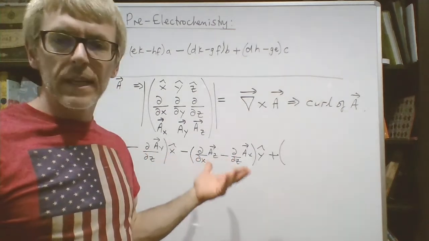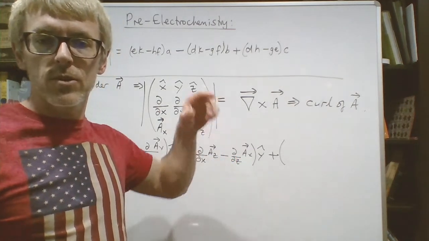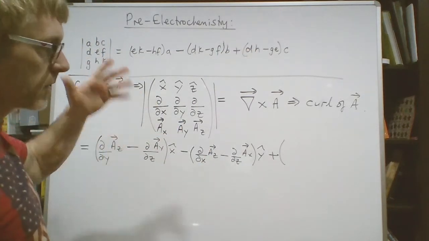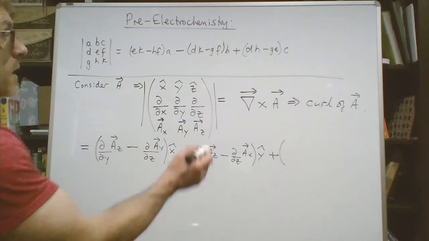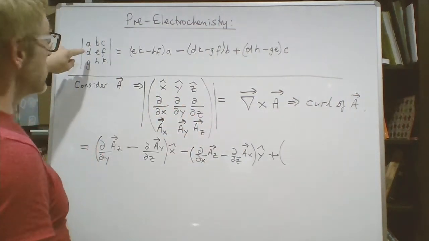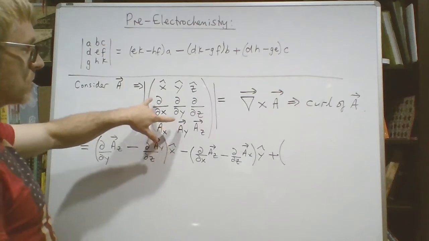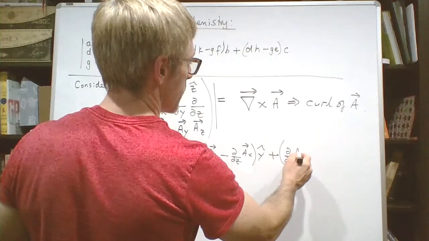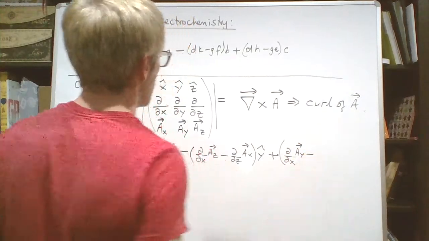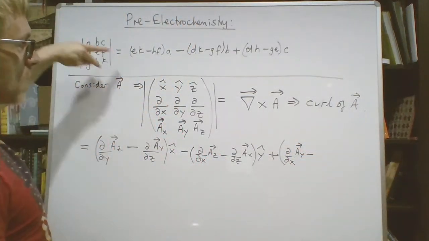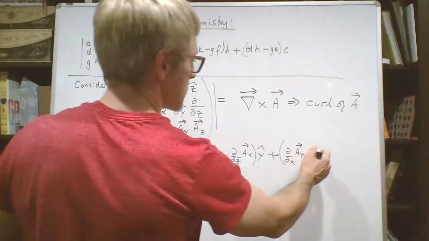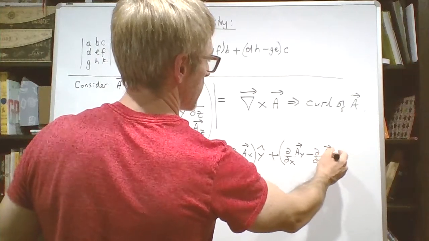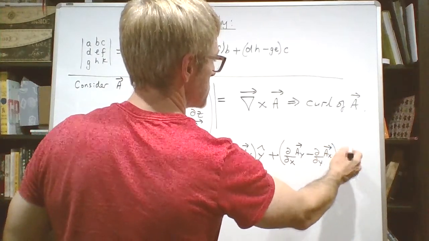So fiddly, but there's nothing hard. We're just identifying numbers. It's more of a, can you identify this grid location here? That's all we're doing right now. With a little bit of patience, so we've got DH, so it's going to be these two, d by dx, AY, minus GE, which are these two, d by dy, AX, and I've got to multiply that by z roof.